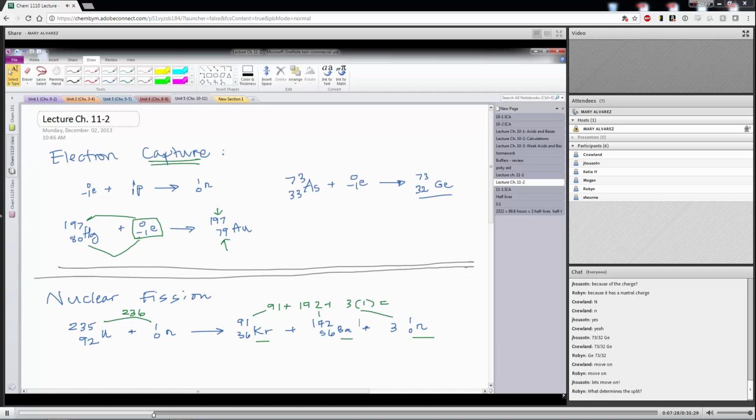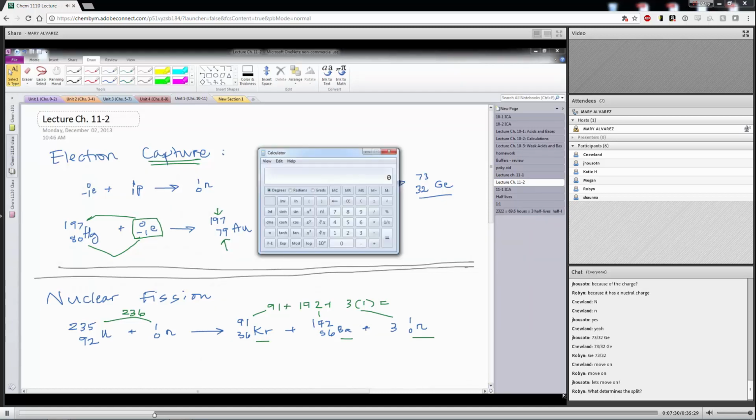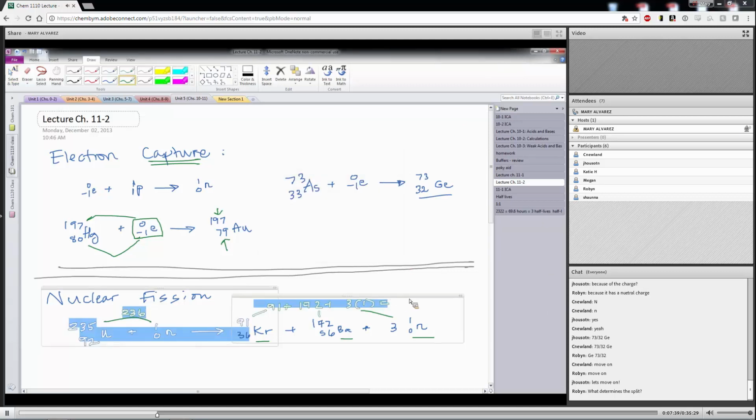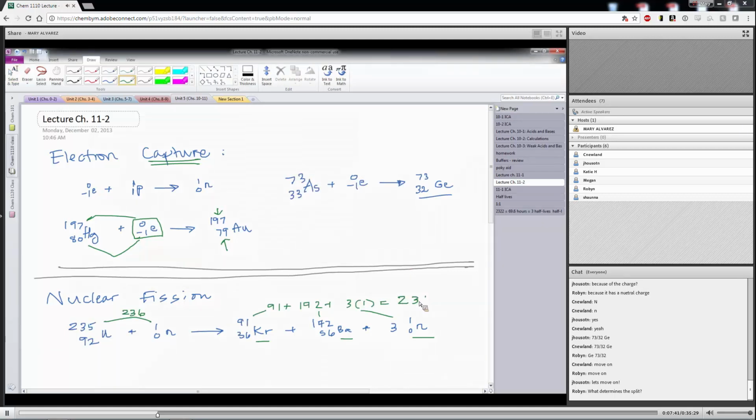Should give us the same total mass, okay, because that's always conserved. 91 plus 142 plus 3, total mass of 236. Okay, if you ever see a coefficient here, don't neglect to apply it, okay?